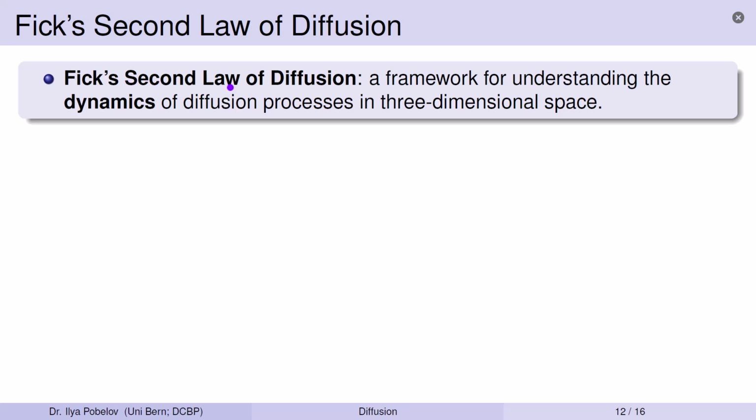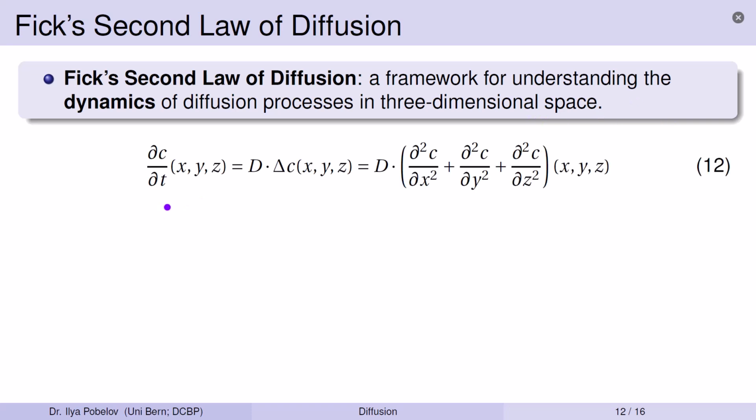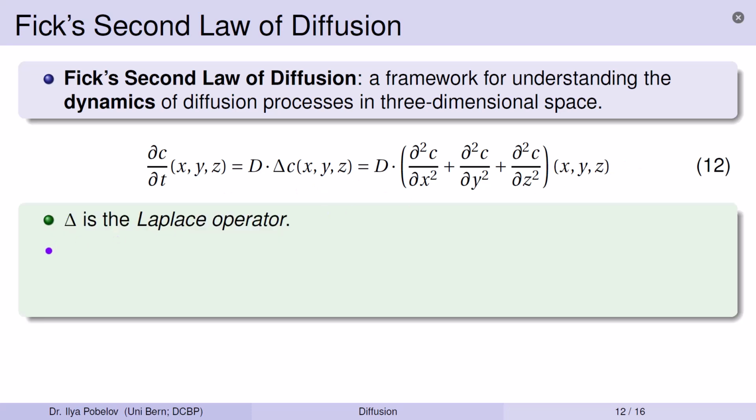Fick's second law of diffusion provides a comprehensive framework for understanding the dynamics of diffusion processes in three-dimensional space. Mathematically, it is expressed by what is often referred to as the diffusion equation. Here, delta represents the Laplace operator, a critical component in this equation.